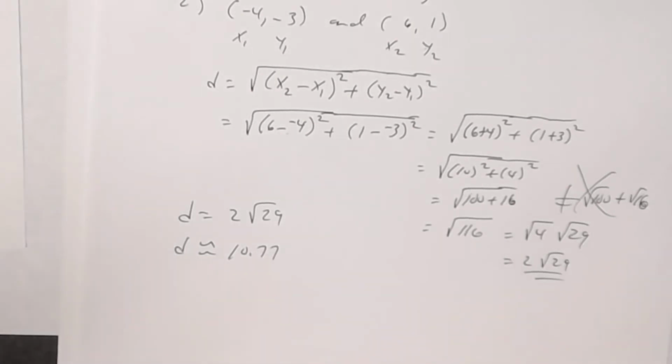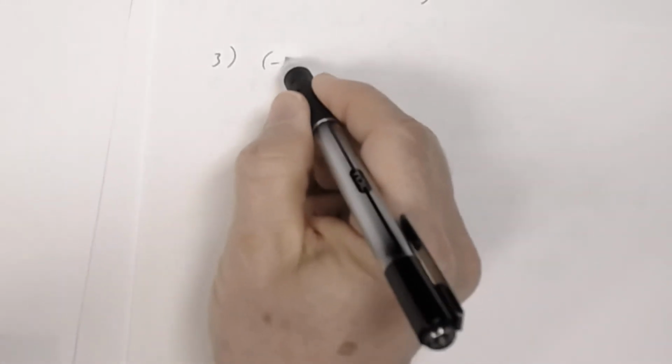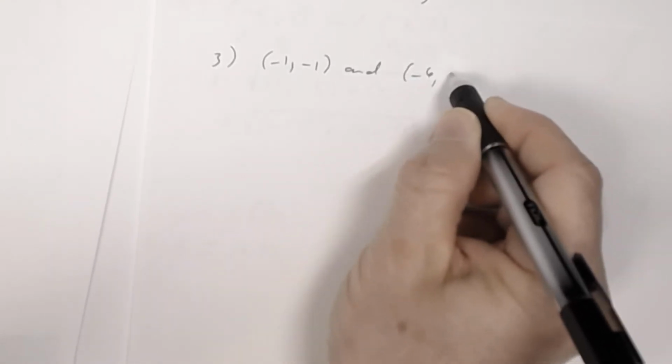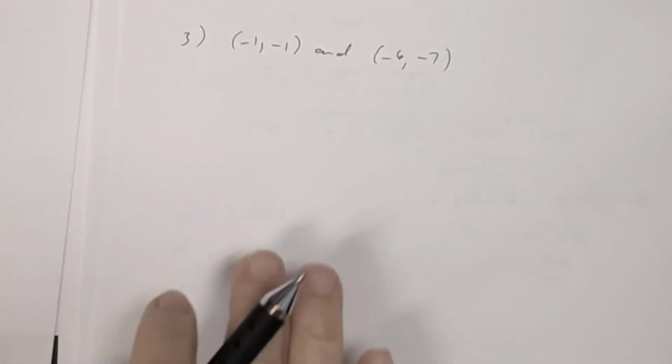Number 3. So let's suppose in number 3 we have this. So here's number 3. So number 3, you have these 2 points. We'll go ahead and rewrite those. So -1, -1, and -6, -7. Okay? And so I want to find the distance between those 2 points.